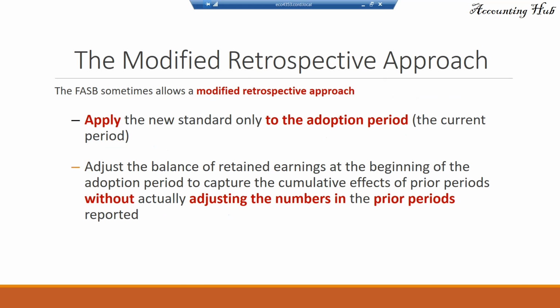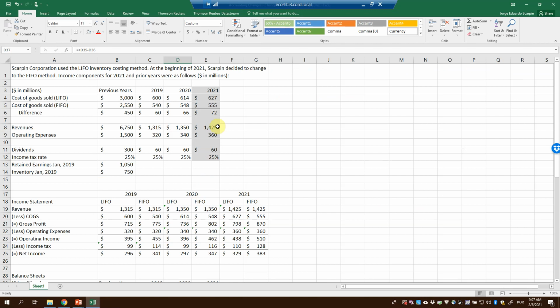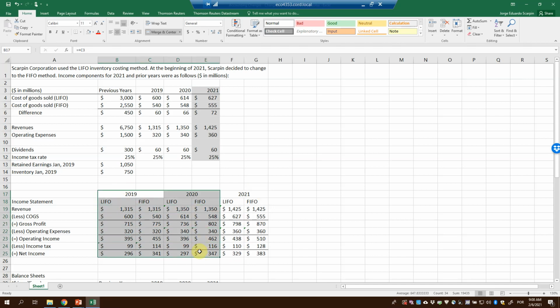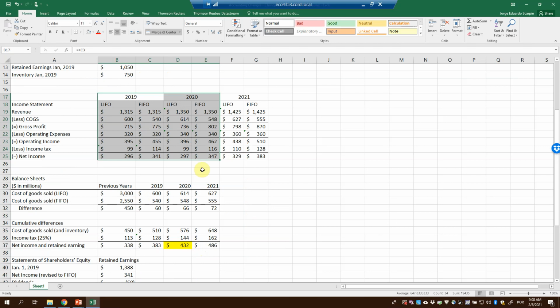Modified retrospective approach. FASB sometimes allows a modified retrospective approach. Apply the new standard only to the adoption period, the current period, and then adjust the balance of retained earnings at the beginning of the adoption period. So what do we do on modified approach? We do only the 2021 income statement. We don't need to show the new income statement or new balance sheet and so on.